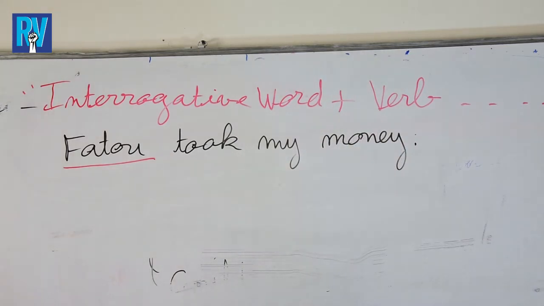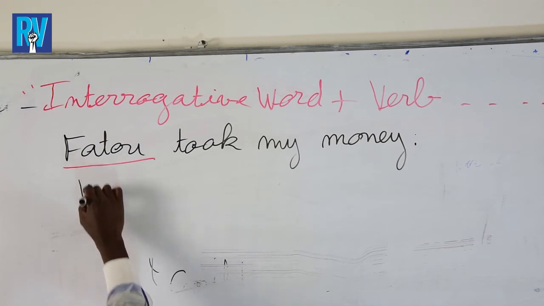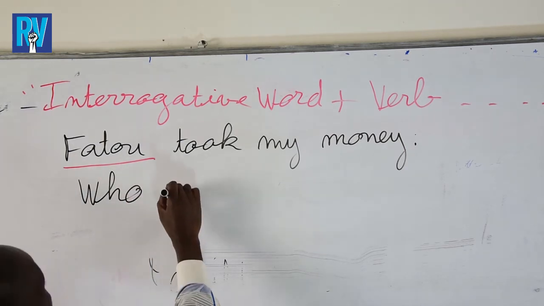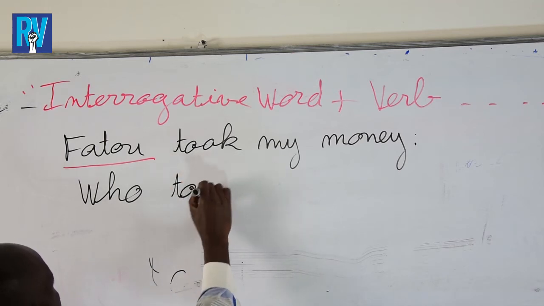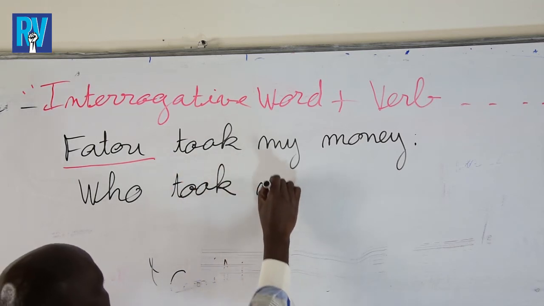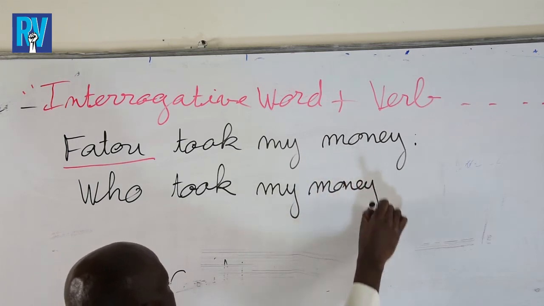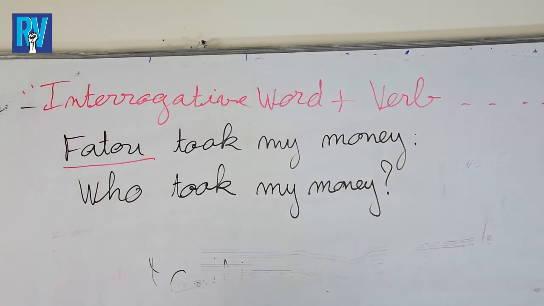How to ask the question? Here is, okay. Who, voilà comment on pose la question. Who took, mot interrogatif directement suivi du verbe. Who took my money?